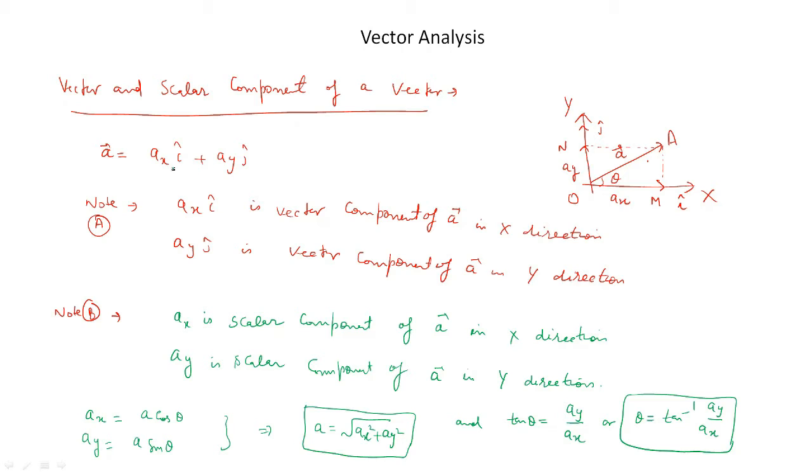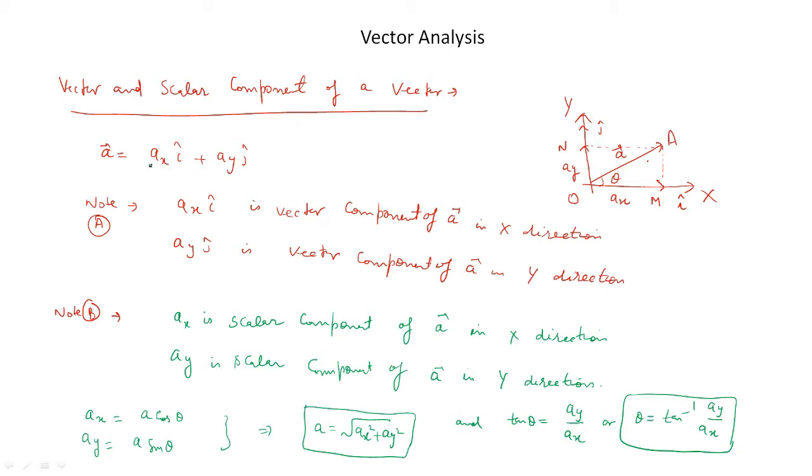Now here if we write vector A, then we can write it as AX i plus AY j. Here let us say OM is equal to AX, so it is the magnitude along the x-axis of the vector A, and if we multiply it by a unit vector, then it becomes the vector component of vector A along x-axis.